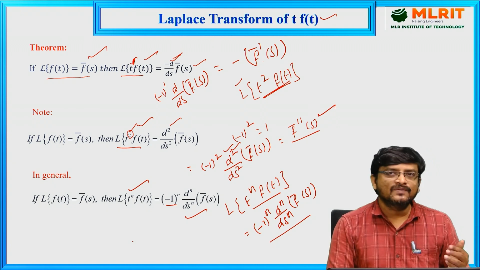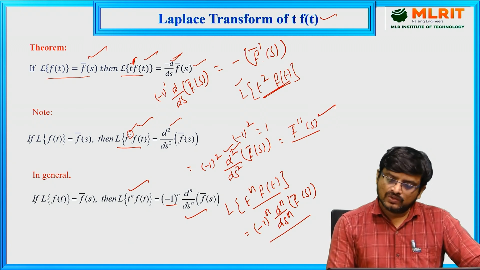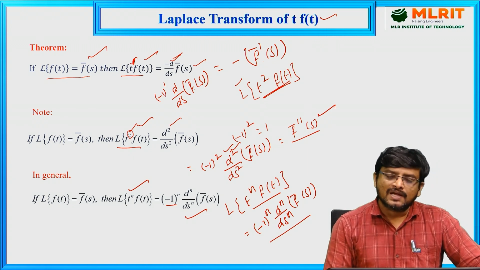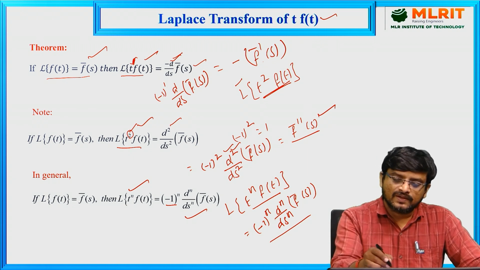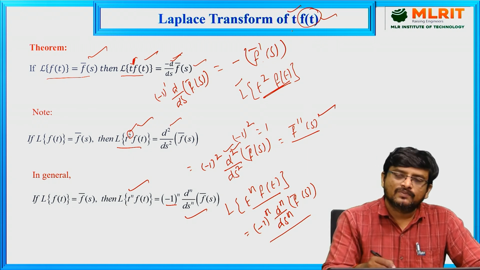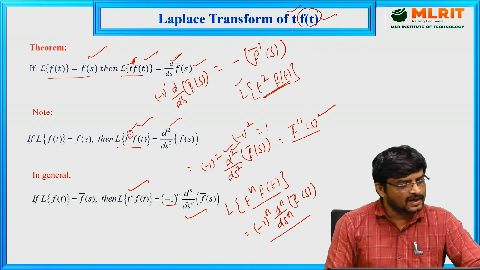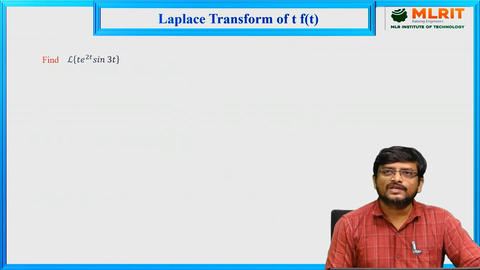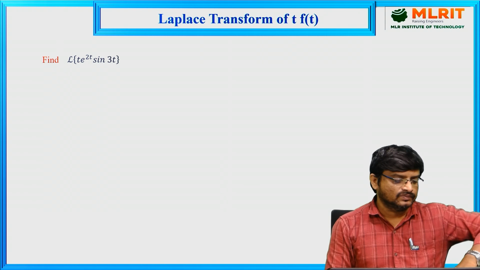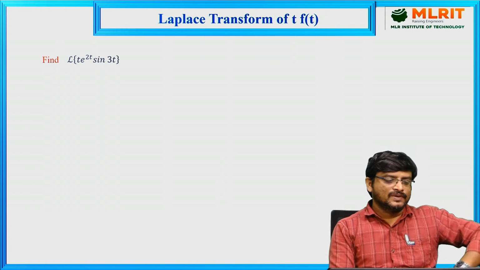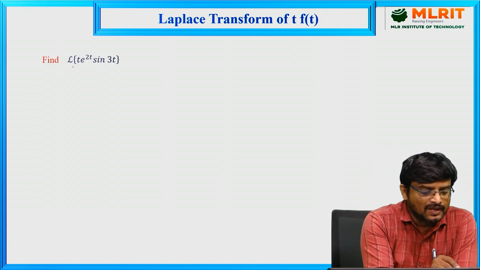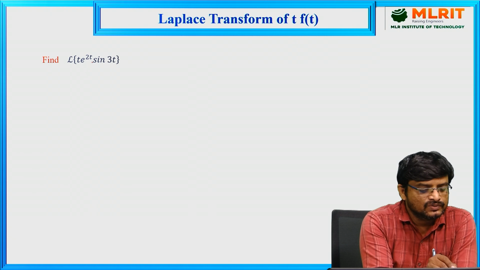Now we will take the problems where we can apply this t into f of t. If you want to apply this Laplace transform of t into f of t, the function must be multiplied with t. Then directly we can go for it. Now let us take the problem here: Laplace transform of t into e power 2t into sine 3t.